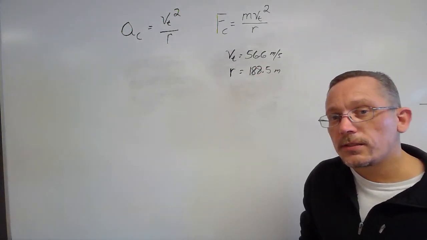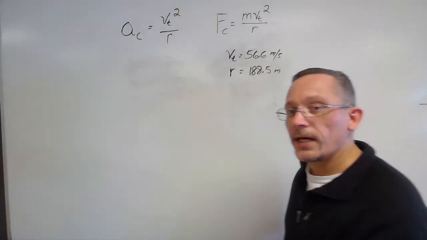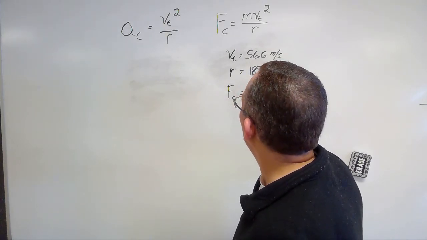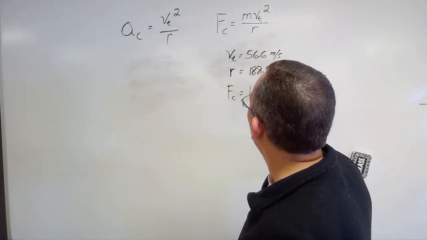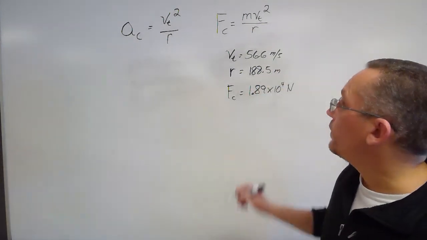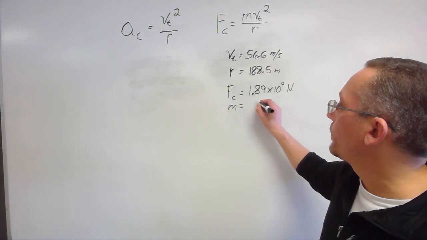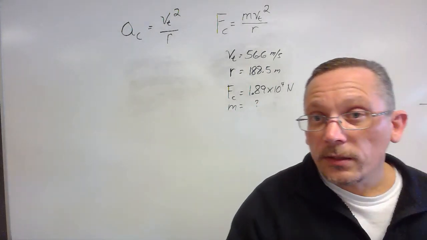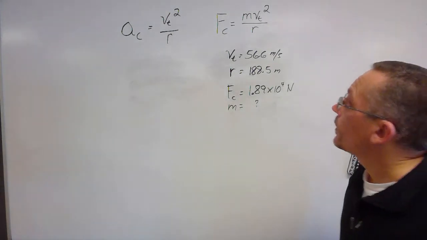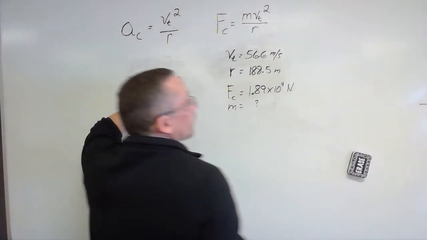And it says that the centripetal force is 1.89 times 10 to the 4th newtons. And the question asks me to find the mass, so m. Okay, so let's go ahead, we'll put the numbers in the equation and we'll work this out and see what we get.